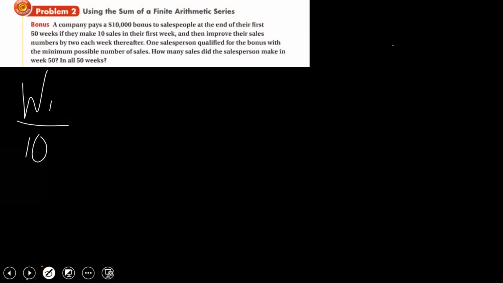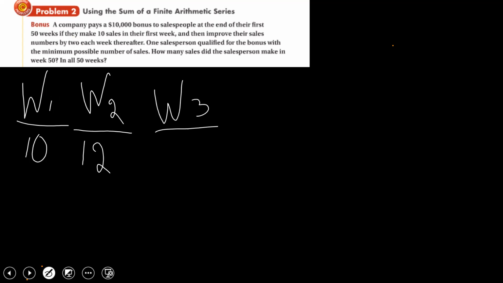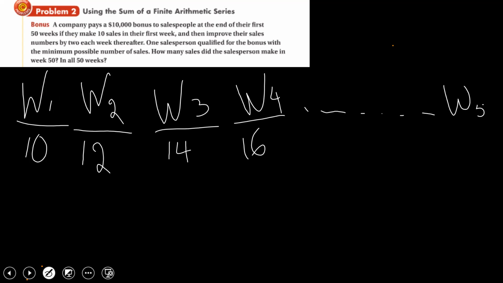In the second week, his number of sales was raised by 2. So if the first week is 10, what will be in the second week? It will be 12, because it improved by 2. Then in the third week, it will be 14. I will add 2 also. In the fourth week, it will be 16, until week 50.